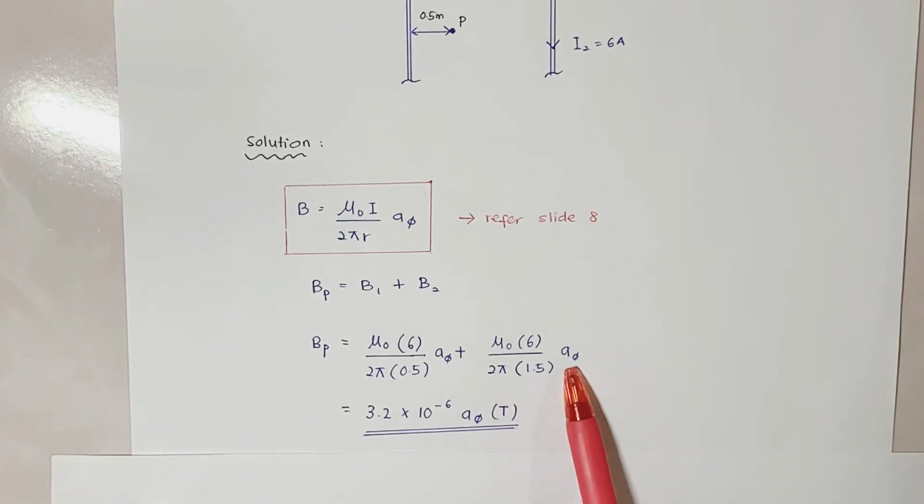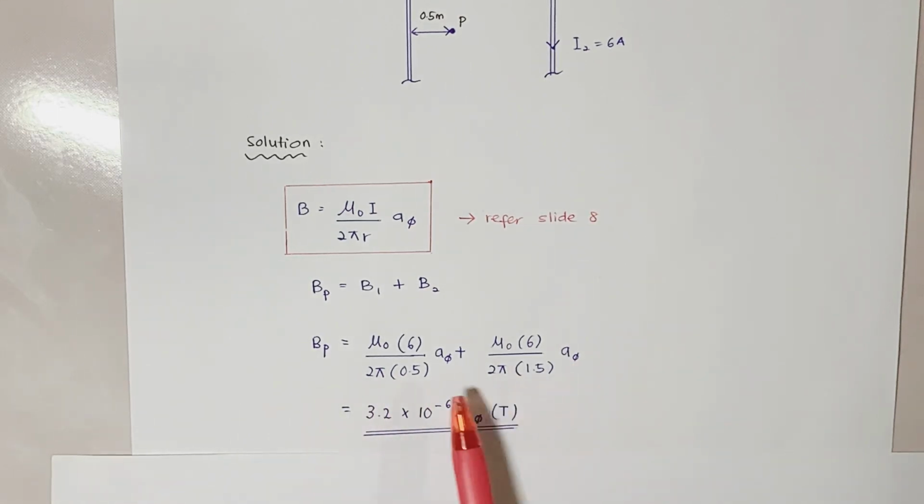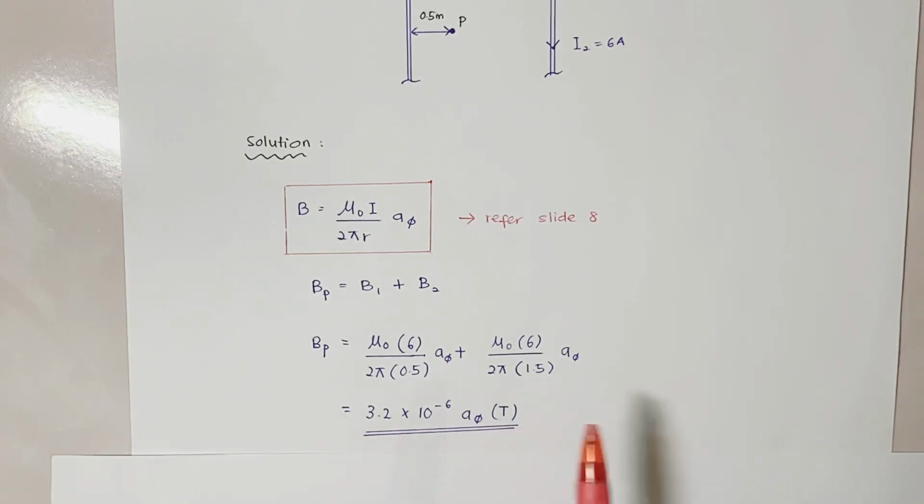Don't forget to put the direction of AV. When you add up both equations, you will get 3.2 times 10 to the power of negative 6 AV Tesla.